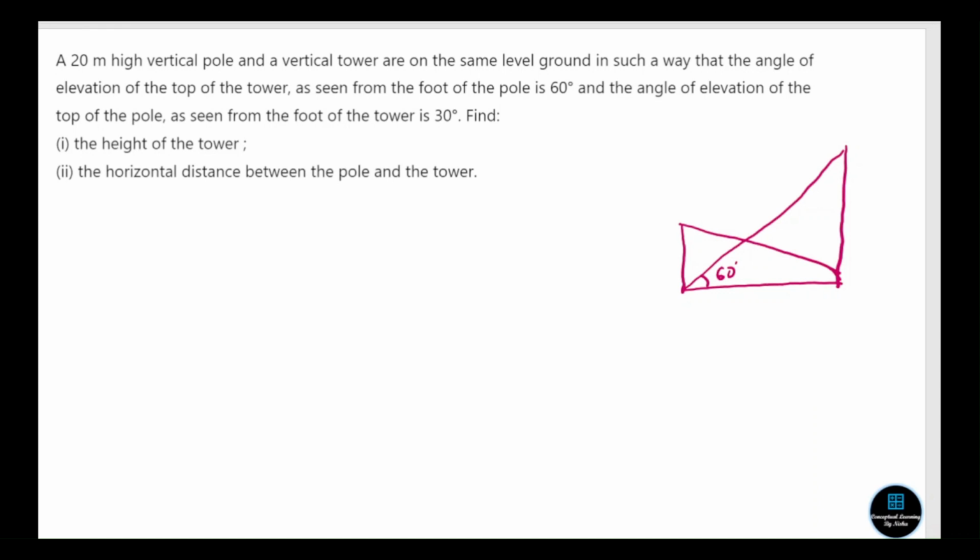So this is the tower. Okay, let's say AB is the tower and CD is the pole, which is 20 meter. Okay, so this is how you can decide. This is a very common mistake where students fail to identify which one is the tower and which one is the pole. So make it carefully.